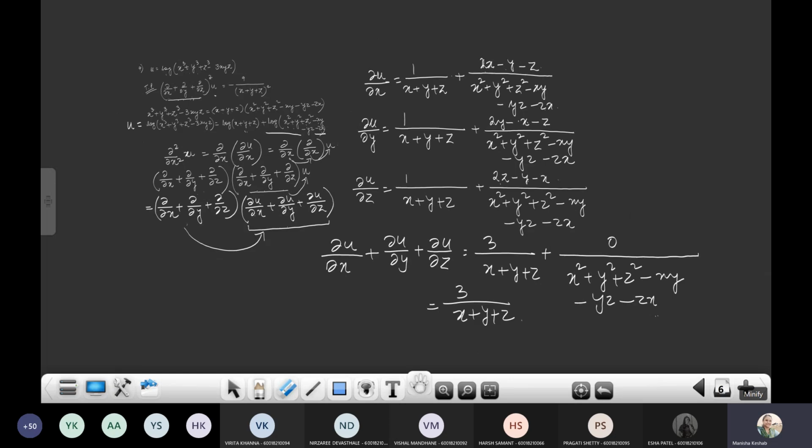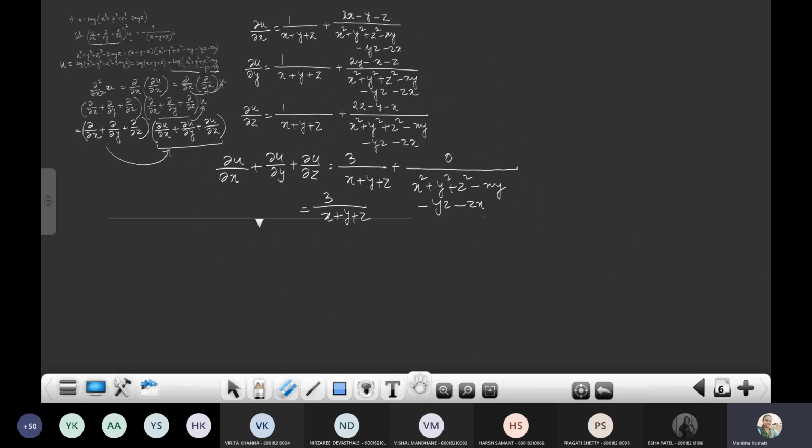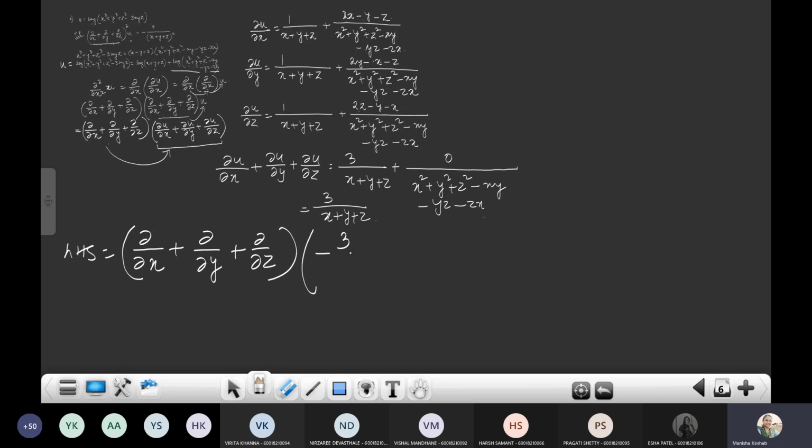Now our problem becomes what? Finally the problem becomes what? The left hand side is simply del x plus del y plus del z of 3 upon x plus y plus z. So that means we will differentiate this with del x, with del y, and with del z.